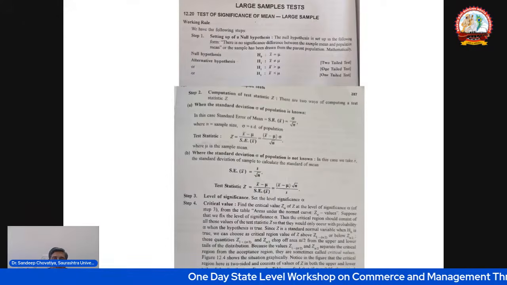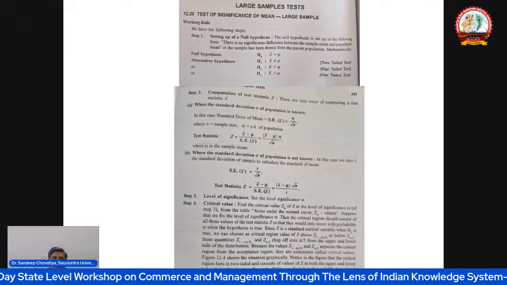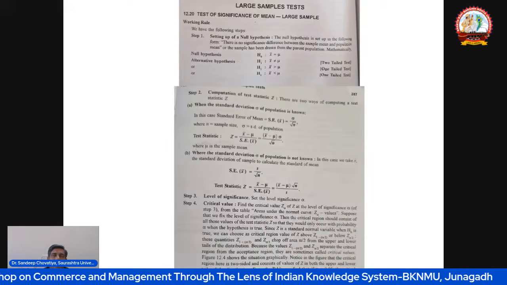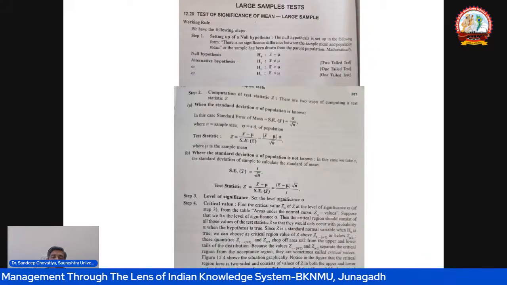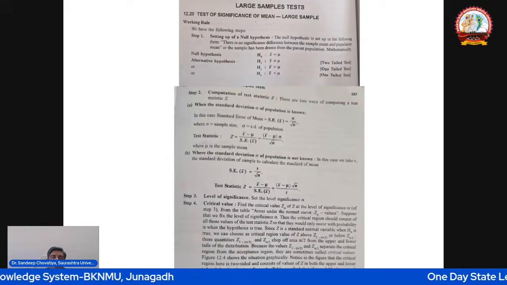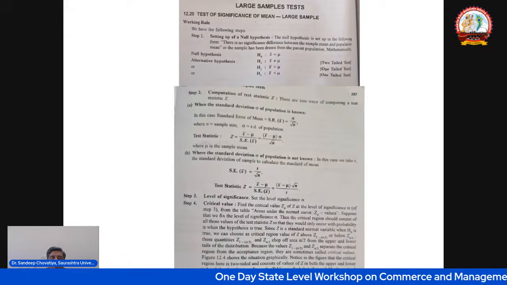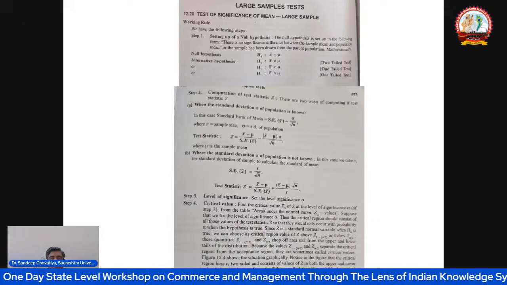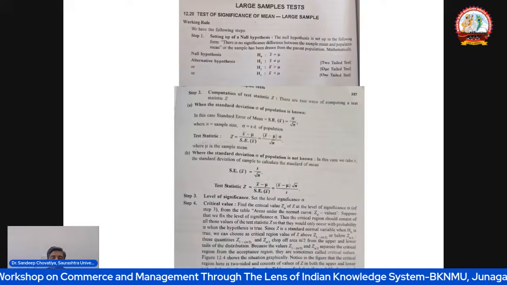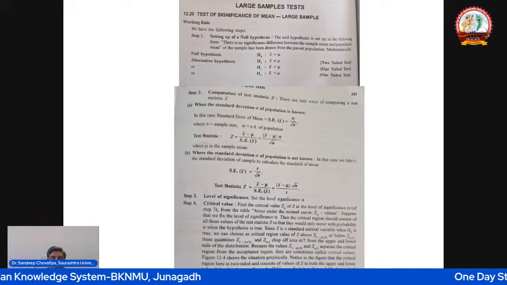The null hypothesis is set up in the following form: there is no significant difference between the sample mean and the population mean, or the sample has been drawn from the present population. We know how we designed the null hypothesis in the previous lecture. Mathematically, H0 is that the population mean is equal to the sample mean.